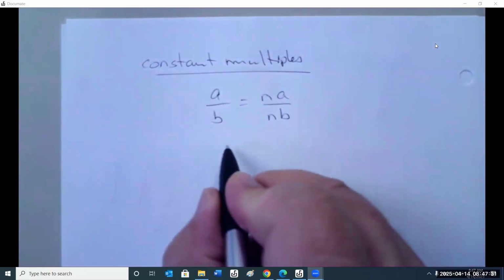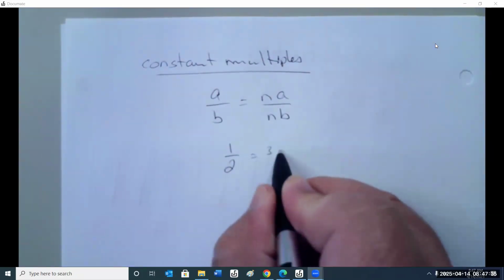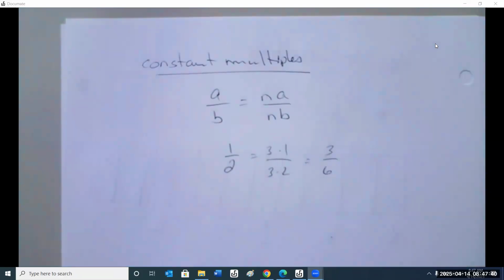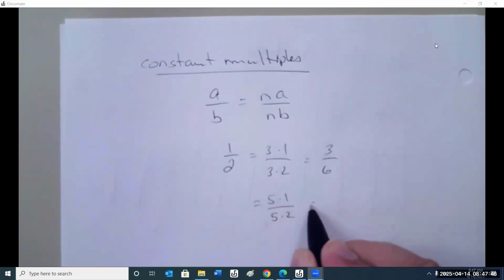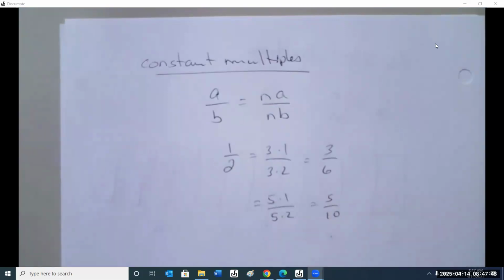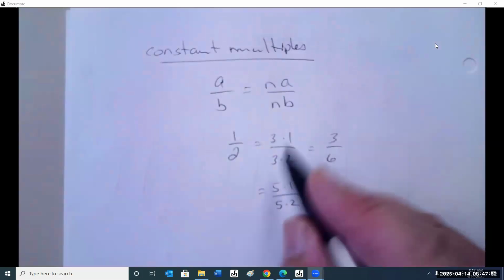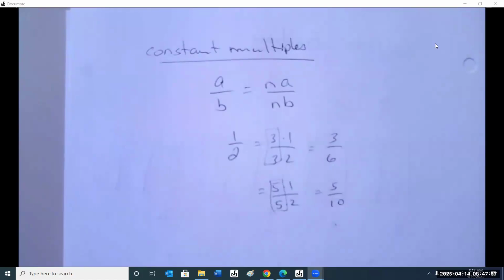In other words, 1/2 is the same thing as 3/6 is the same thing as 5/10. So as long as I keep multiplying the top and bottom by the same number, it doesn't change the basic idea of what the fraction is.